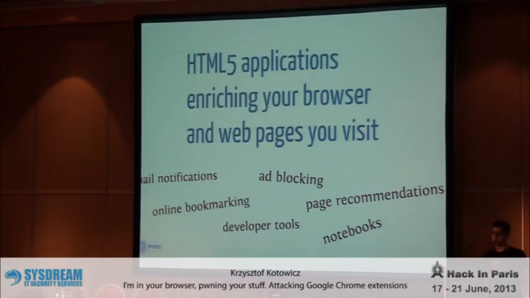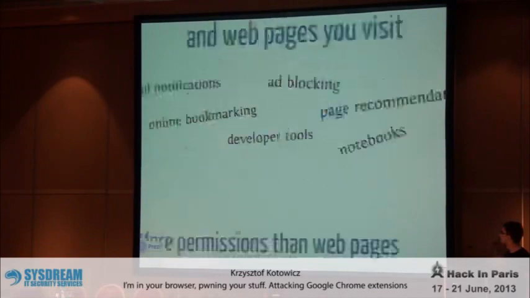By installing an extension, you give your browser additional functionalities, or the website gets enriched in a certain way. There are multiple extensions for online bookmarking, page recommendations, note taking, web developer oriented extensions, etc.